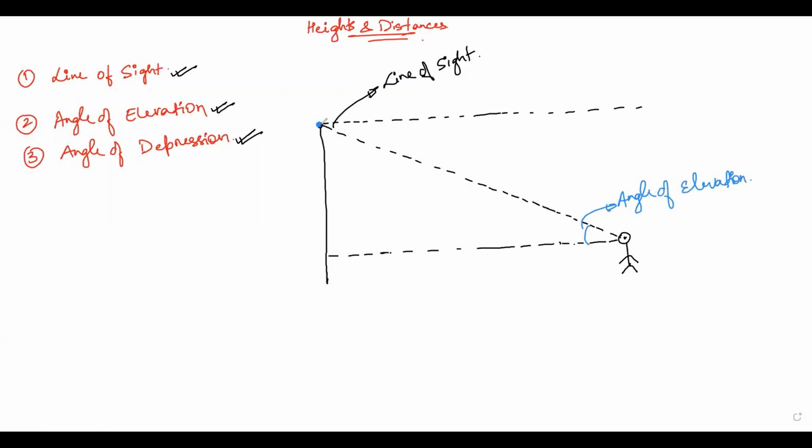In a similar way, if we consider one person at the top of this building and is viewing a point here, in that case, the angle that this line of sight would be making from this horizontal level is called the angle of depression.